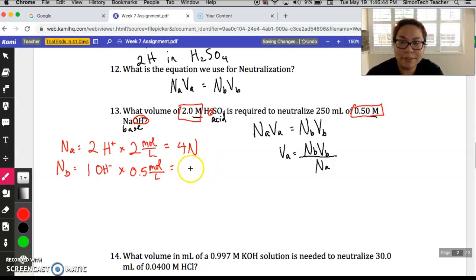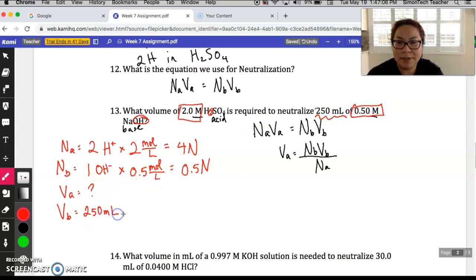And so the normality of the base is just 0.5 N. Okay. Volume of the acid is what we are looking for. That's our unknown. And let's find the volume of the base.